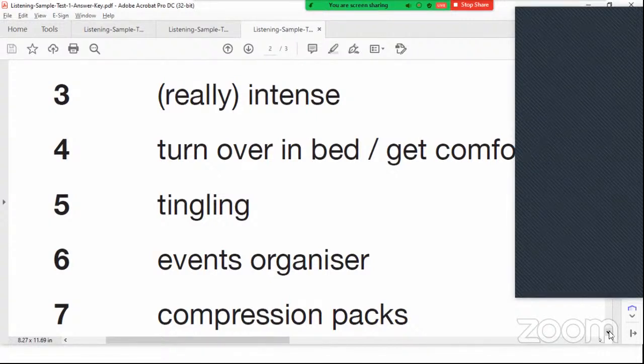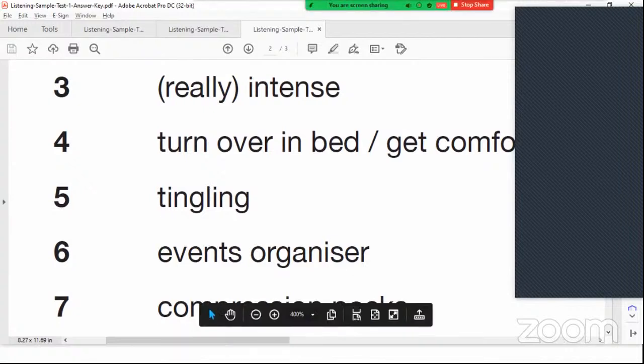It's plural, compression packs. Now let us see very clearly why this is right. It's very plural. He did not say compression pack.